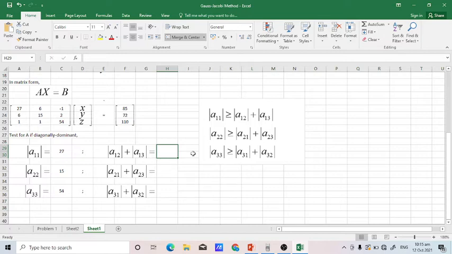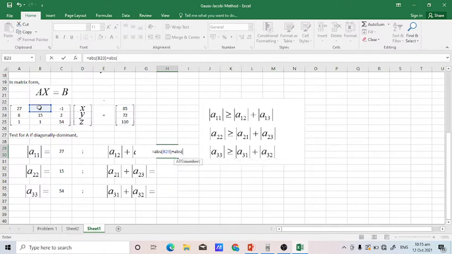A12 plus A13. So, absolute value of A12 plus A13. Okay, ayun.